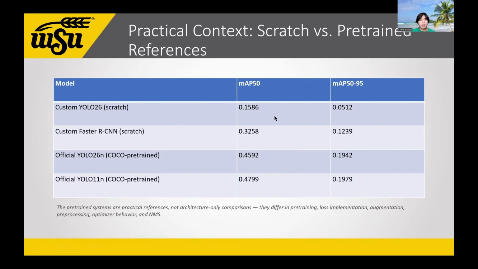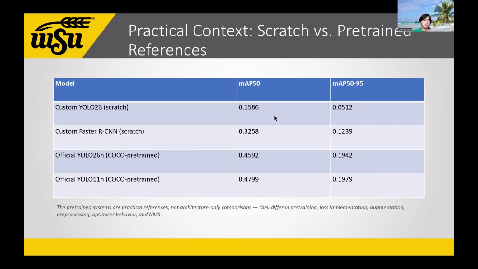So now, an honest comparison against practical references. My scratch models sit well below COCO pre-trained YOLO26 and YOLO11, both around 0.46 to 0.48 mAP50, versus my 0.19 and 0.33.